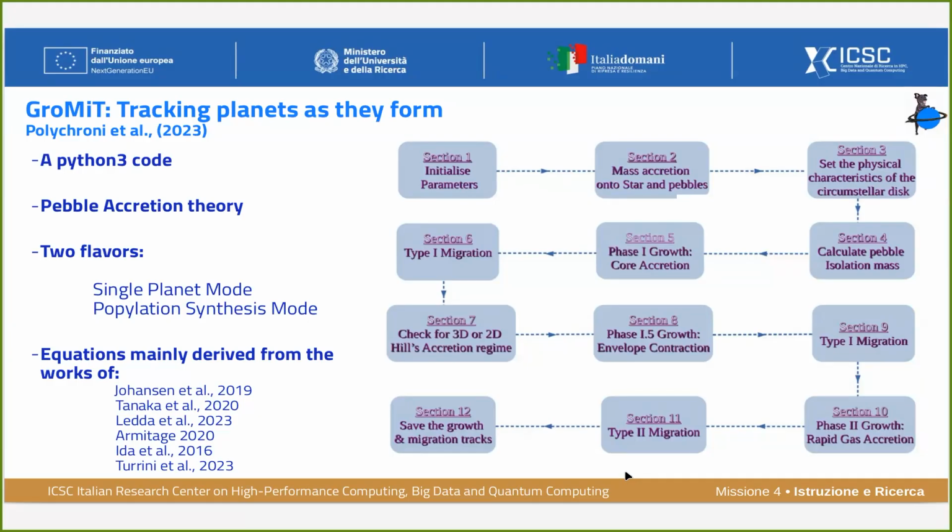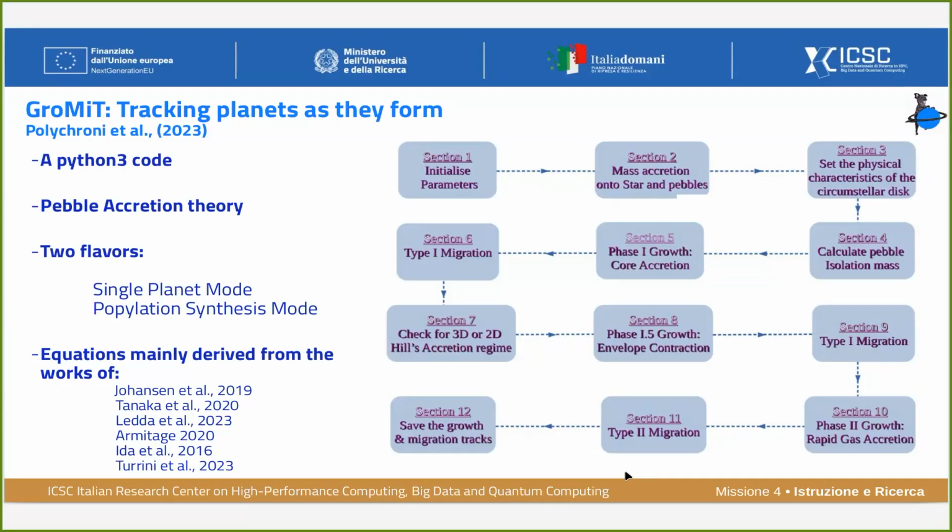The way it works is we basically initialize the initial parameters, and then it goes on to calculate the mass accretion onto the star and on the pebbles, and then we fix the physical characteristics of the circumstellar disk.